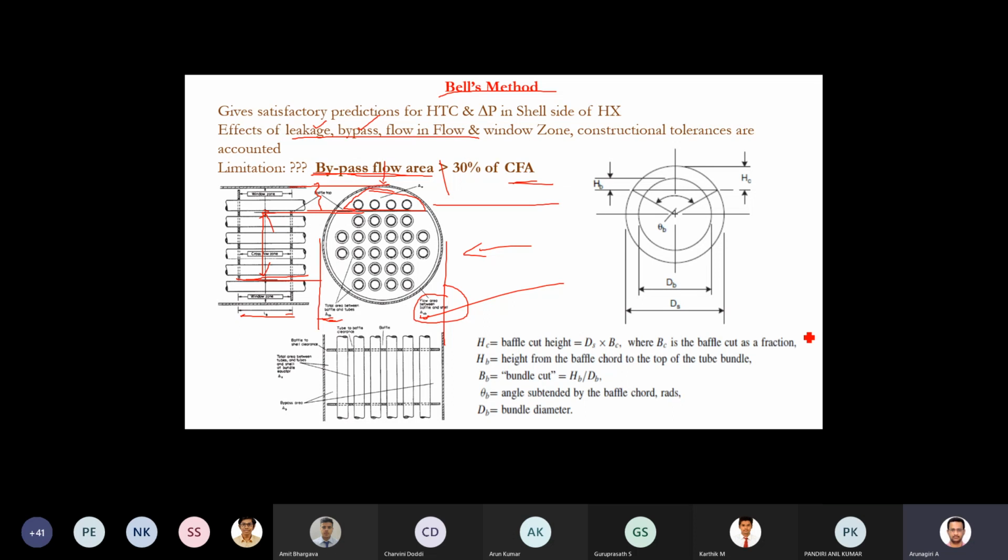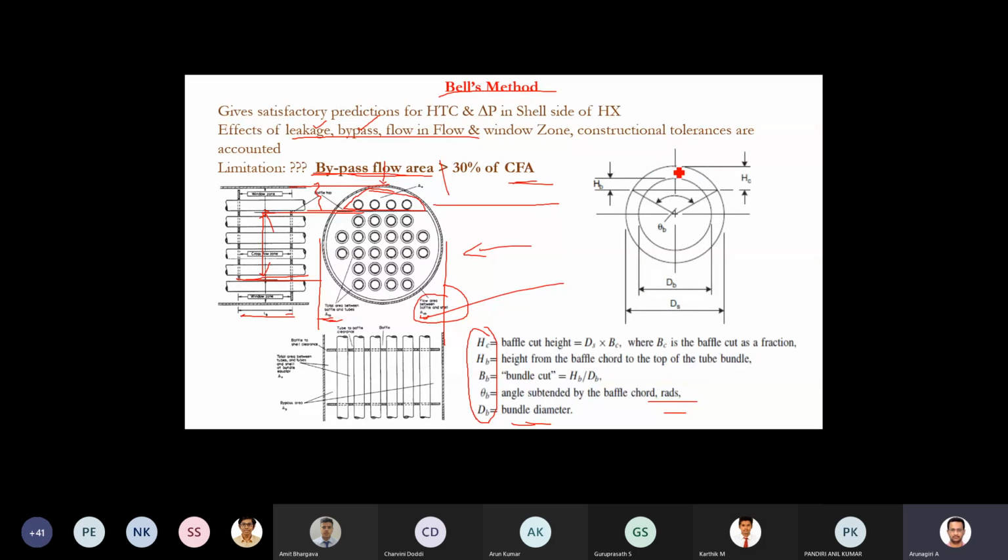Apart from that, we should know these different things: what is HC, what is HB, what is bundle cut, what is the angle subtended by the baffle chord in terms of radians, and bundle diameter. Because till now we have discussed only the baffle cut.